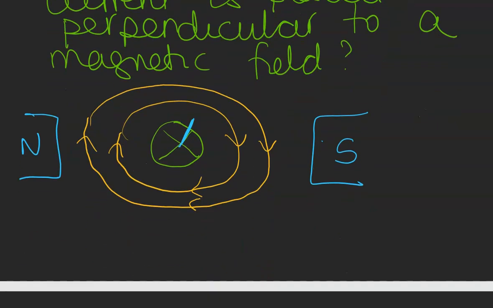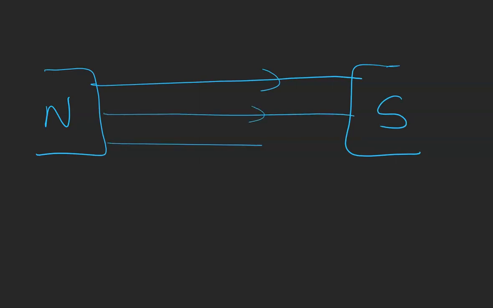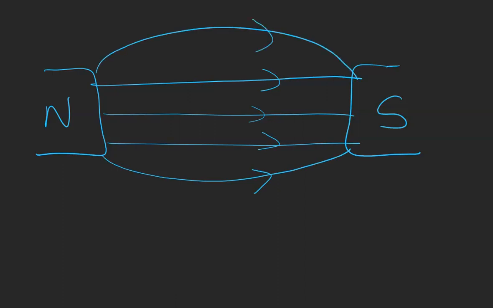The reality is there will be an interaction of field lines. If I were to enlarge this diagram, you will see that I have field lines which go north to south, and that's your basic uniform magnetic field. Now, what happens if I have a wire carrying the current into the page, and of course the wire is perpendicular to the field?